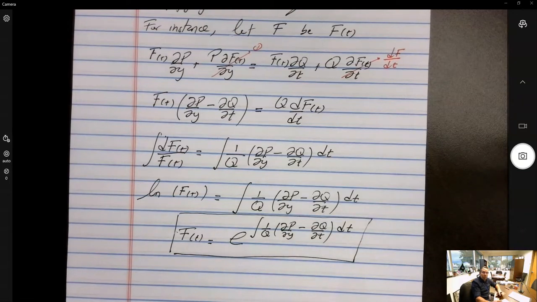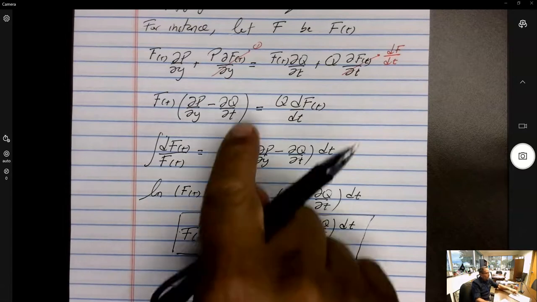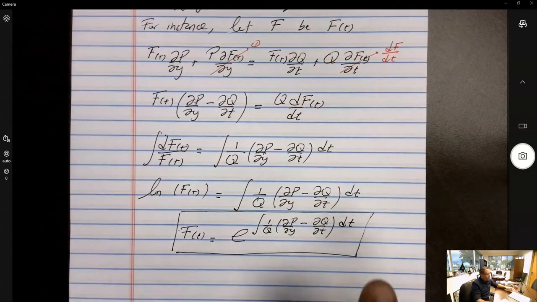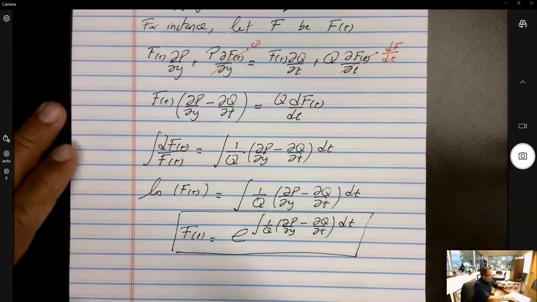Okay. This whole process is based on the premise that df dy is equal to 0. And if we end up with any y's here, so somehow dp dy minus dq dt divided by q, all y dependency has to cancel out in here. Whatever is in the numerator of y has to cancel out with whatever is in the denominator of y. Remember, p and q are the original functions that make up the differential equation. If somehow that happens, then we found the integrating factor.